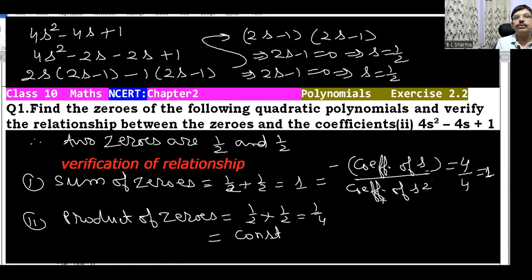So that is equal to constant term upon coefficient of, sorry, I'm writing it again, it should be s square.